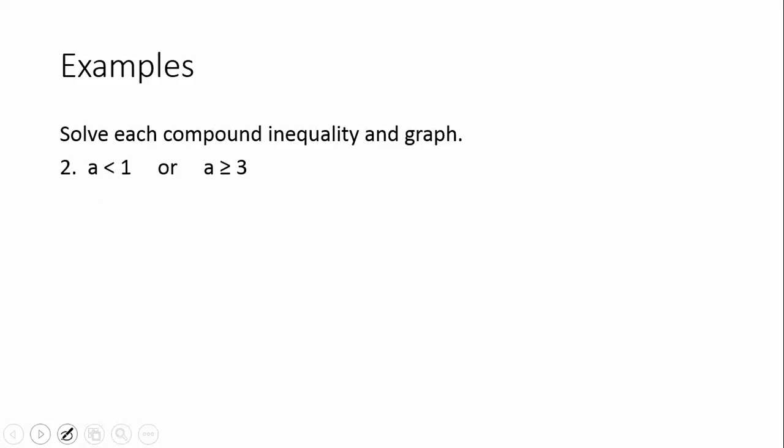Here we have obviously an or compound inequality, because of the word or there. So what we typically do is just solve both of those, but you'll notice that they are already solved. So now we just need to graph.